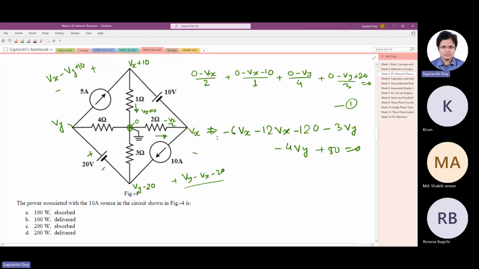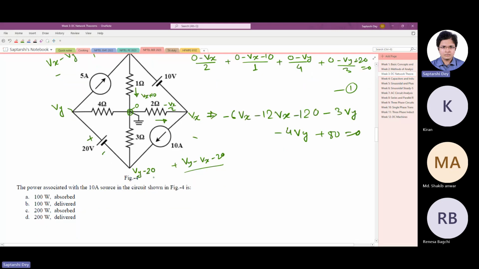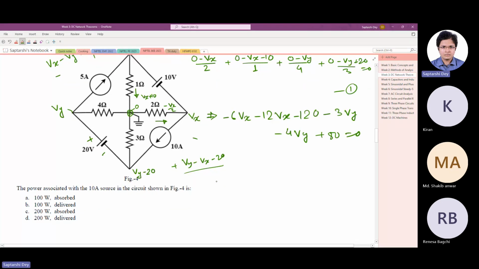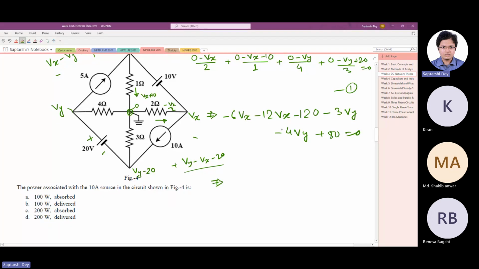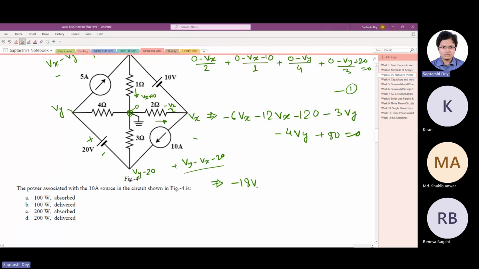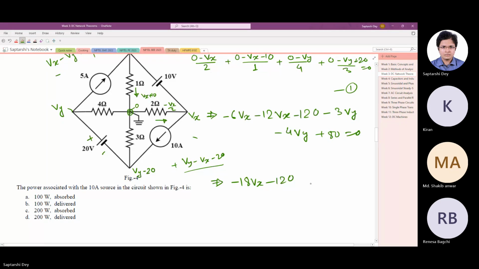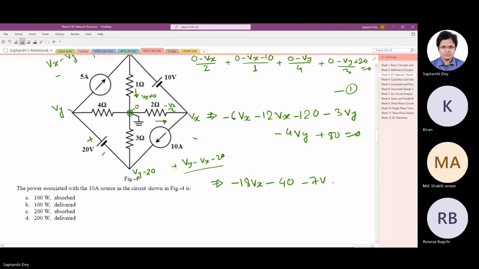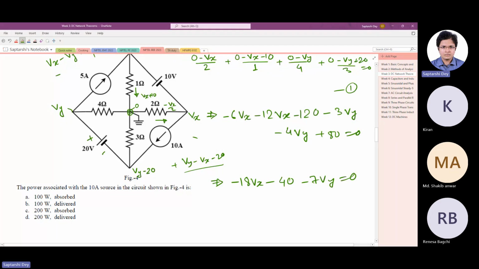I multiply this equation with 12. So what do we have? Do we have the same coefficient for Vx and Vy? Luckily, no. We have minus 18 Vx minus 120 plus 80 minus 40 minus 7 Vy equals 0.